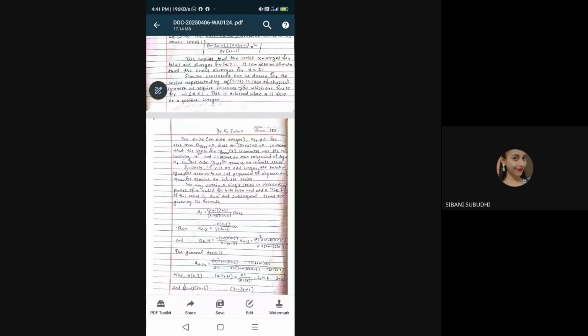We may obtain a single series in descending powers of x valid for both even and odd n. So your a_n will be (n plus 1)(n plus 2) by (n minus lambda) times a_(n plus 2), that is (lambda plus 1)(lambda plus 2) divided by (lambda minus n)(lambda plus n plus 1), whole multiplied by a_(lambda plus 2).